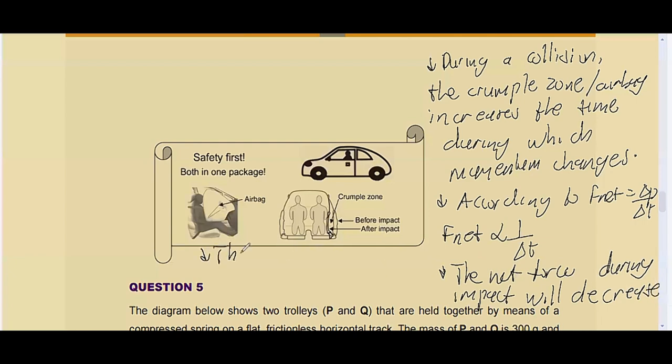And this reduces the risk of severe injuries during collisions.